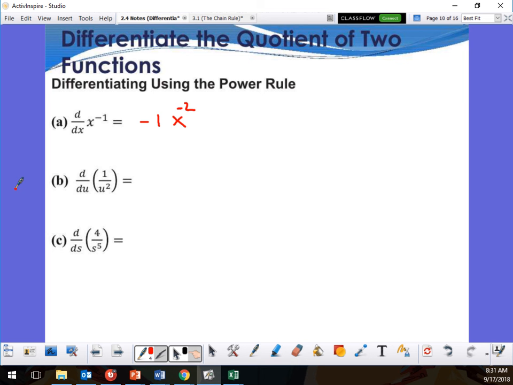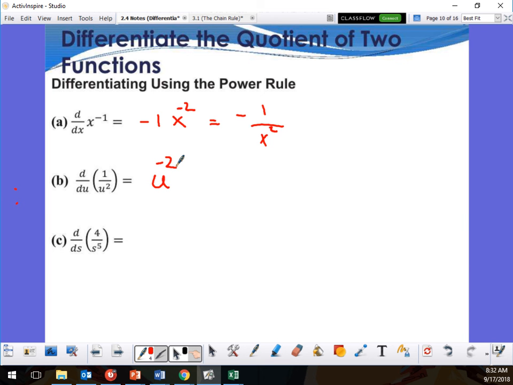Alright, so how would I rewrite this answer? Negative 1 over x squared. There we go. Is that easy? Yeah. Okay. So how would I rewrite B so I could actually do that one? Nope, I want to rewrite it first. Okay. u to the negative 2, right? Yes.